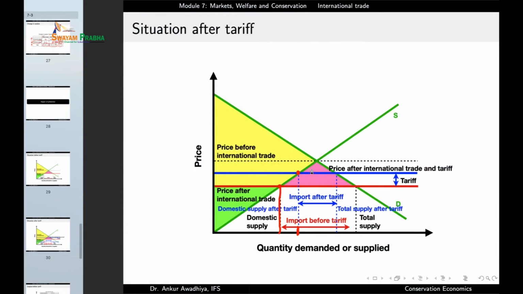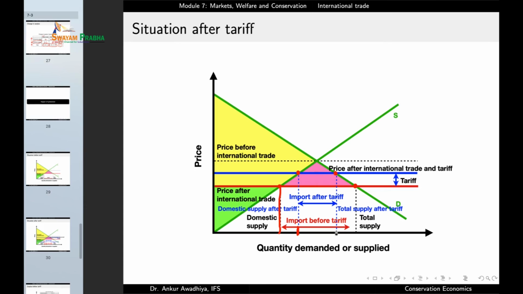Now, earlier the total supply was this much, given by the domestic demand curve cutting the international price or the world price. Now, because the price has increased, this is the point which will tell the total supply. So this is the total supply after the tariff, the point where the demand curve is cutting the new price curve.